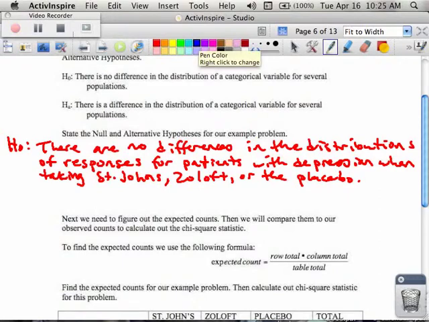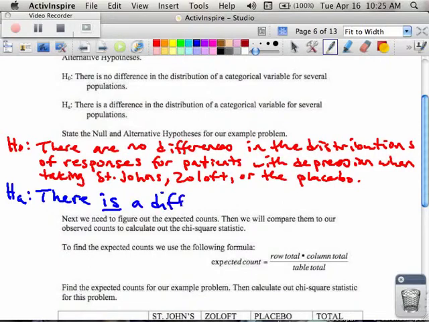And then, of course, your alternative hypothesis is saying that there is a difference. Same information afterwards.